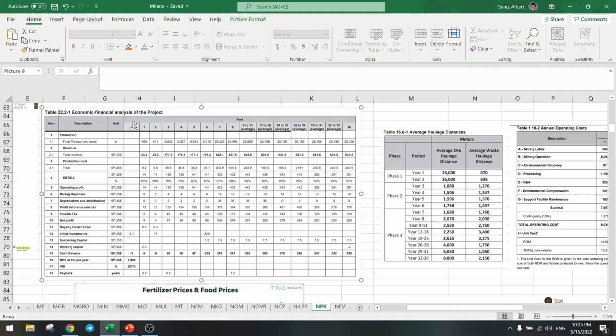And what you can see is these are the years of production. And this is the tonnage. The revenue, not that important, but the costs are here. And then we can, of course, calculate the cost per ton.